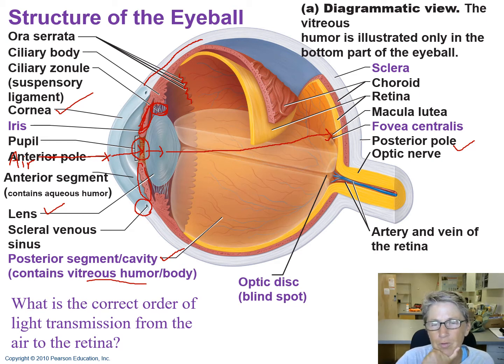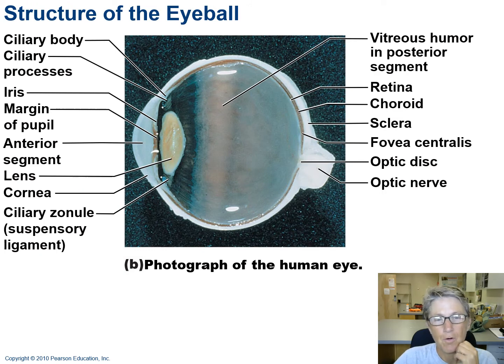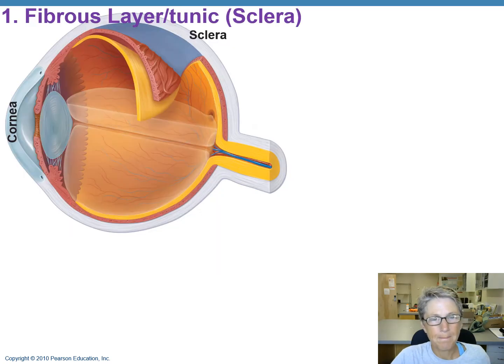Also over here there's a spot called the macula lutea, so it's like the yellow spot, and within the macula lutea is this structure called the fovea centralis. That's what your lens works hard to focus all the light waves coming in to this area, the macula lutea and the fovea centralis. And then here's the optic nerve. So this is a photograph of a human eye that shows you all the structures that we just talked about.